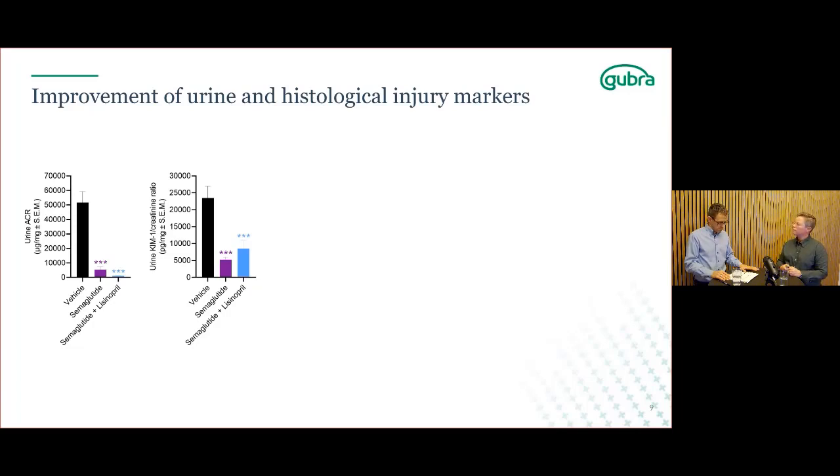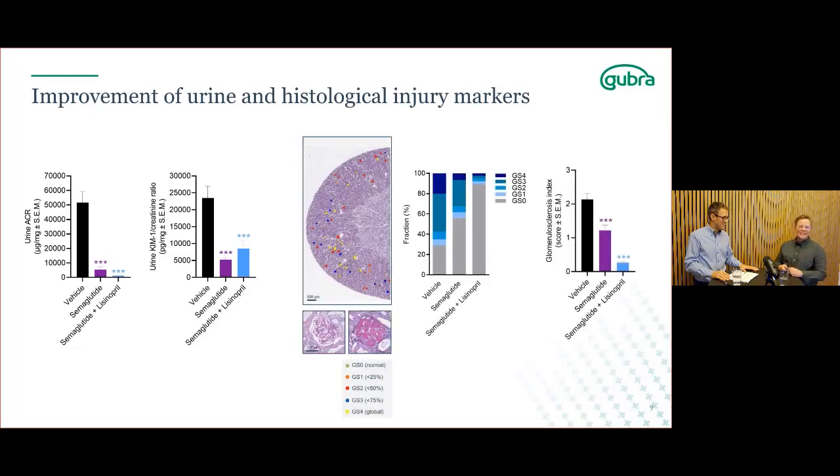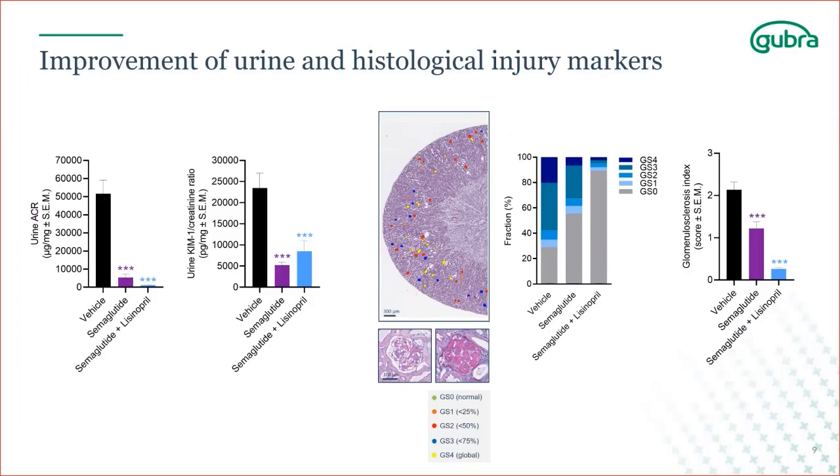But how about histological data? Yeah, I know you're dying to see. Yeah, I am. So again, in this model, we used our setup to look at glomerulosclerosis, which is normally a marker that you would score. You would have a pathologist going through a section of the kidney and scoring each and every glomerulus encountered in the section.